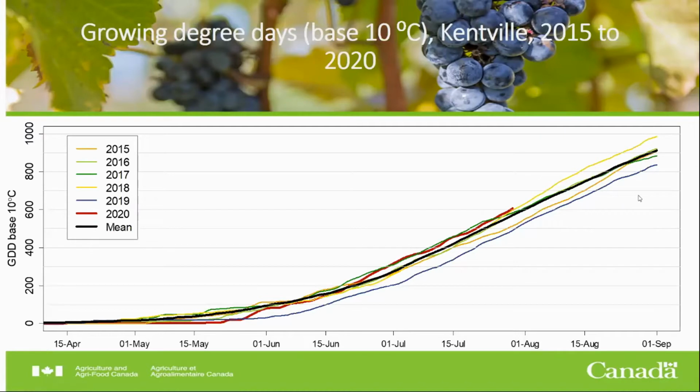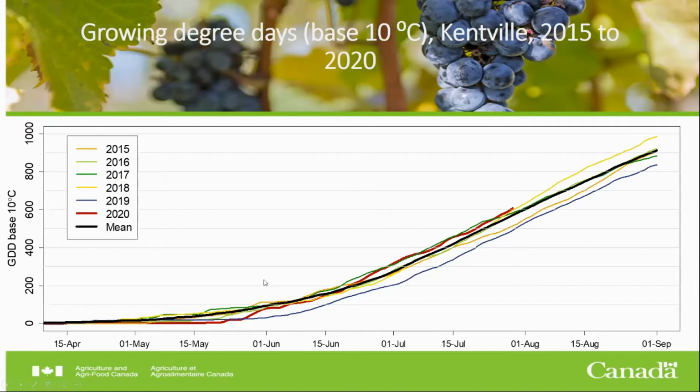So from average temperature, we turn to growing degree days, base 10, looking at largely the vegetative growth of the vines and a little bit of the fruit. If we look at this graph closely, the red line is the 2019 accumulated degree day value. The dark black line is the 5-year average, and I've thrown a couple other years of interest in there just for contrast.